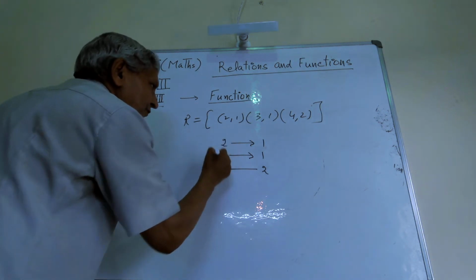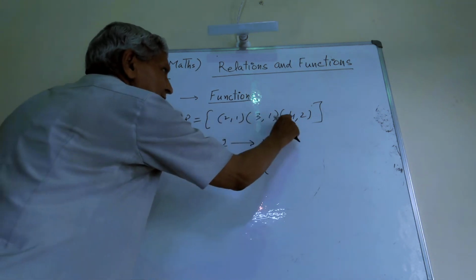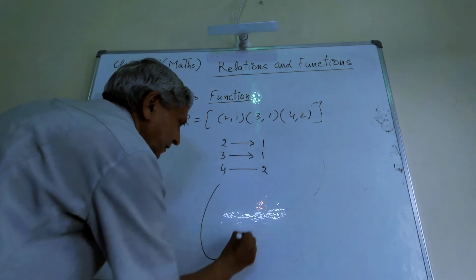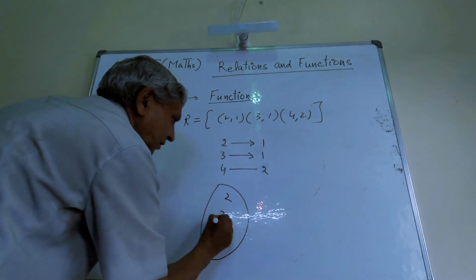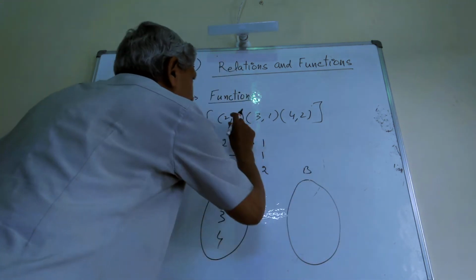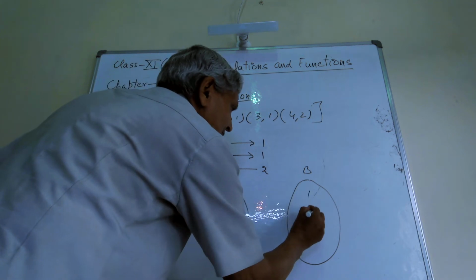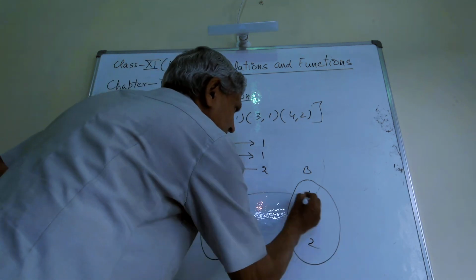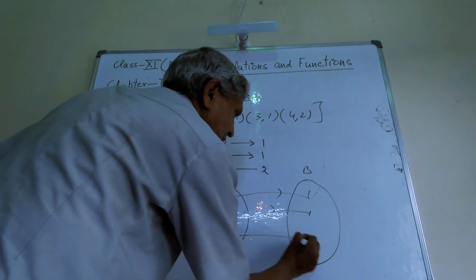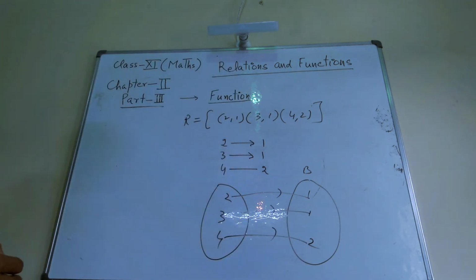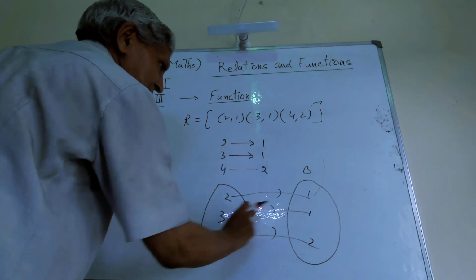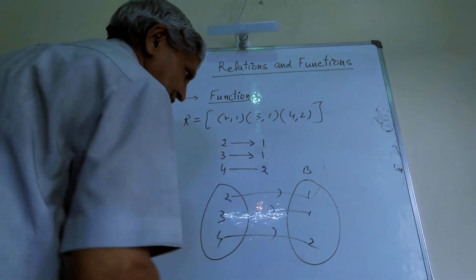Every element of A, these are the elements of A, 2, 3, 4, and every element of B, 1, 1, 2. Each has an image, 2 has 1, 3 has 1 and 4 has 2.